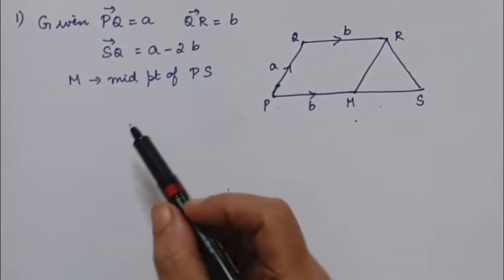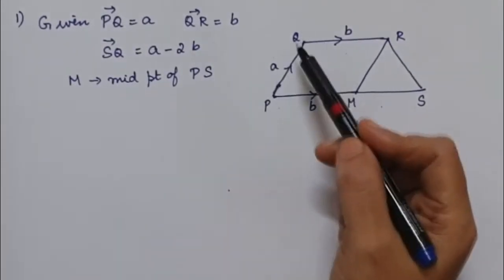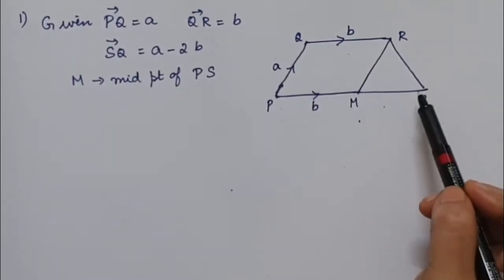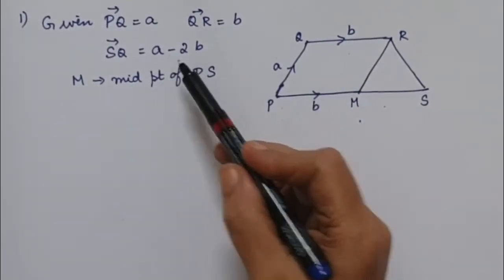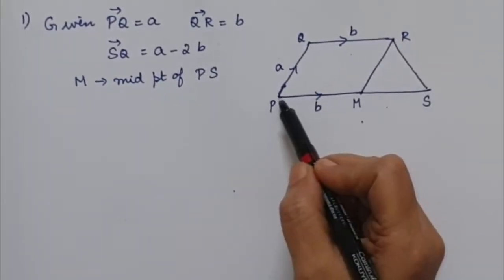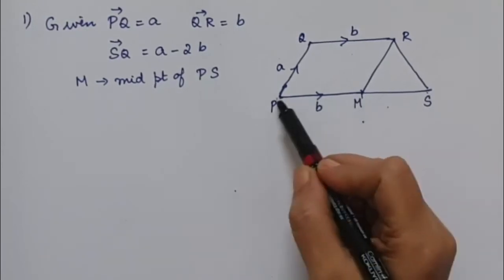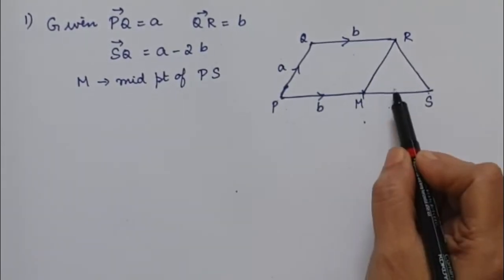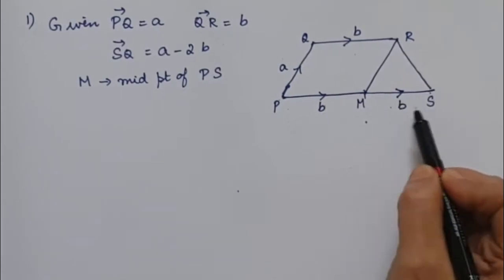In the first question, PQ is given as A and QR is given as B and SQ, S to Q, is given as A minus 2B, and M is given as a midpoint of PS. So PM and MS are equal. So if this is B, this is an extension of it and it is of equal length.